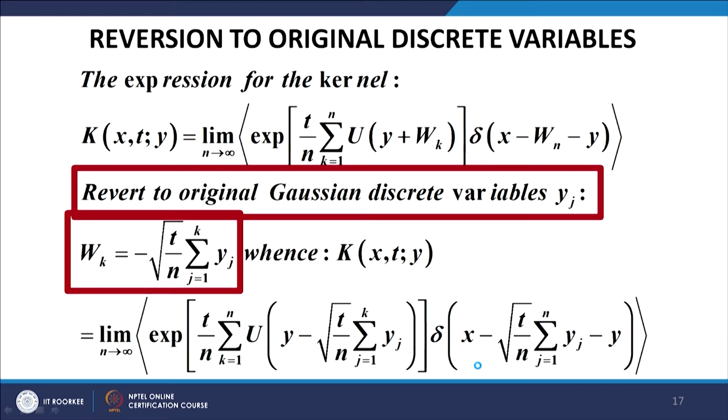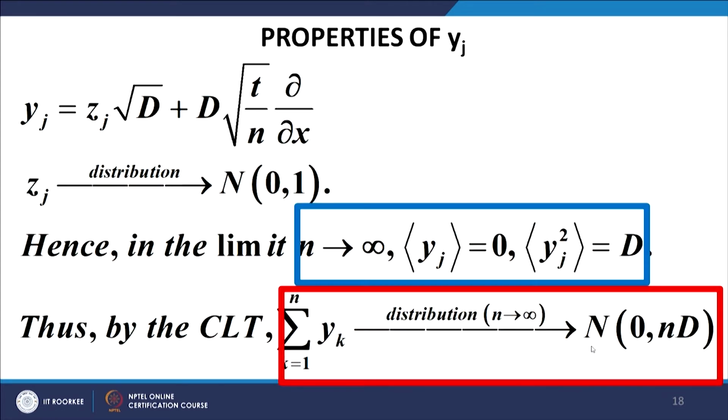We go back a bit, replace the Brownian motion by the constituent random variables, and we get the expression given at the bottom of your slide. I will mark it as equation 1. Just to recollect, the y's are normally distributed, independent, and each has a mean of 0 and a variance of d.